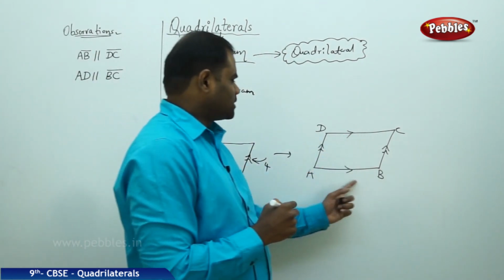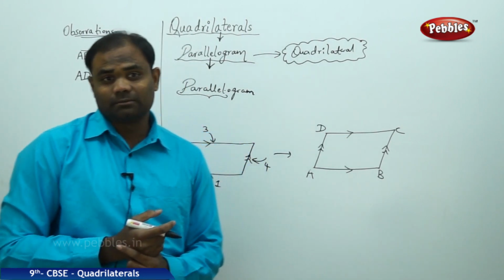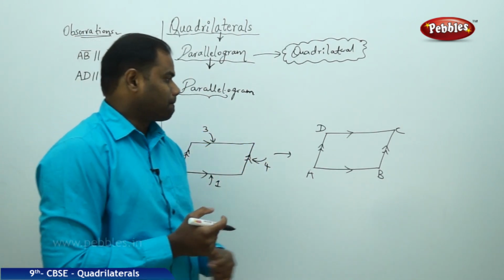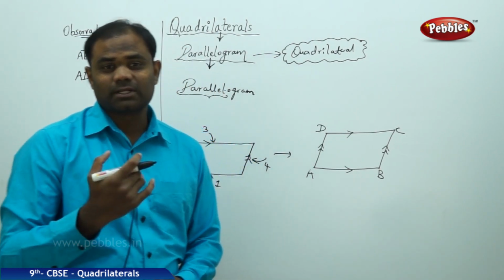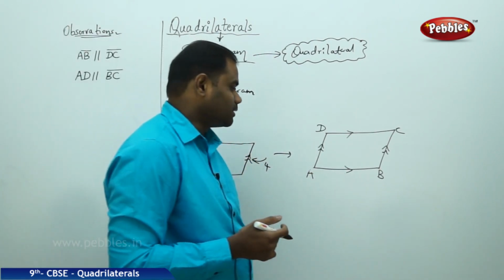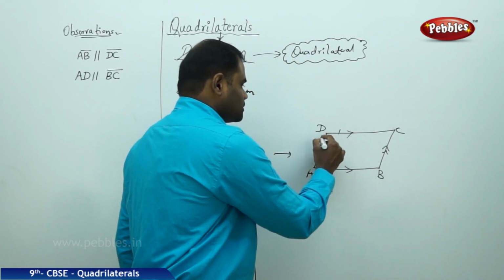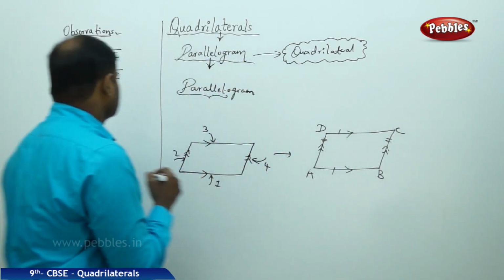Therefore, opposite sides are parallel to each other. Similarly, I notice that when two pairs of opposite lines are parallel, their lengths are equal. That is, this length equals this and this length equals this.